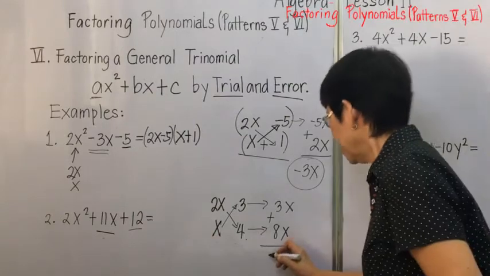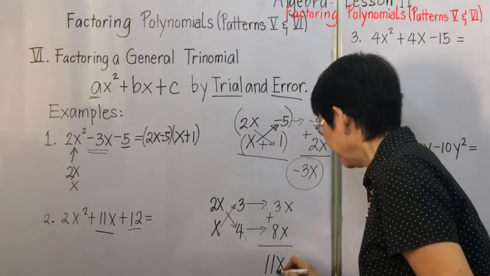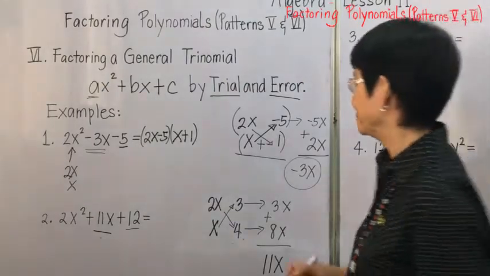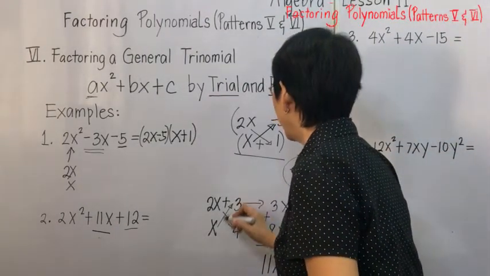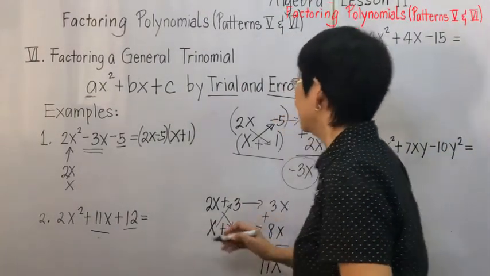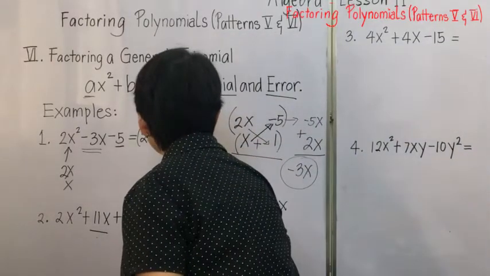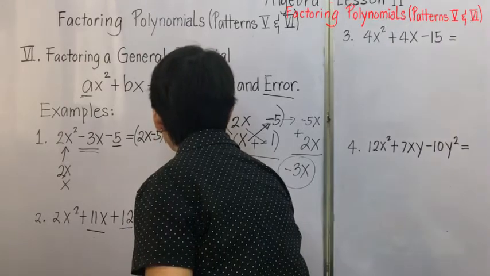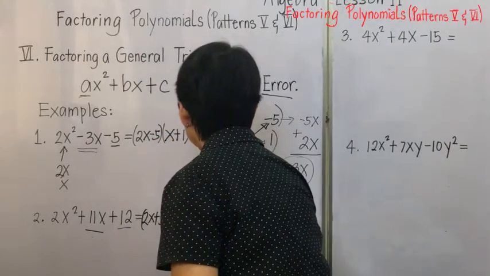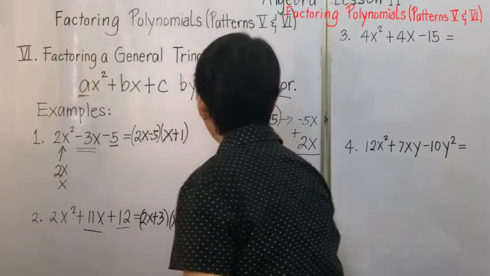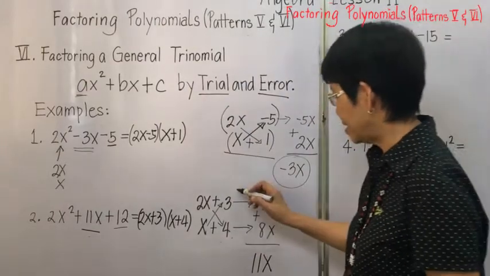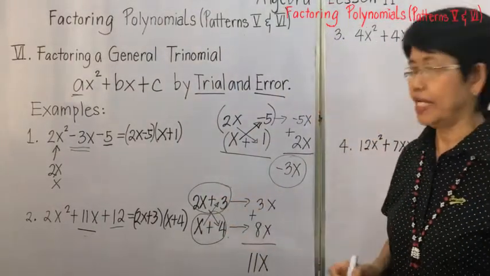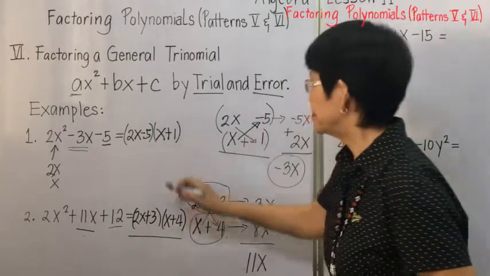So since we have a positive 11x, we have the correct factors. So just add the signs. And we have 2x plus 3x plus 4 from this. And this is our answer.